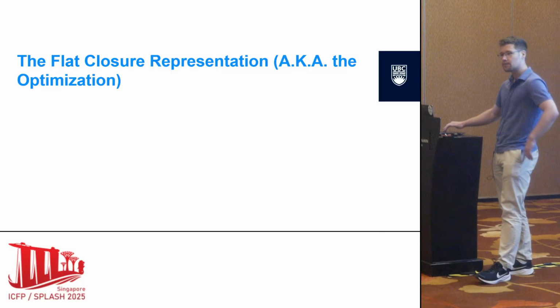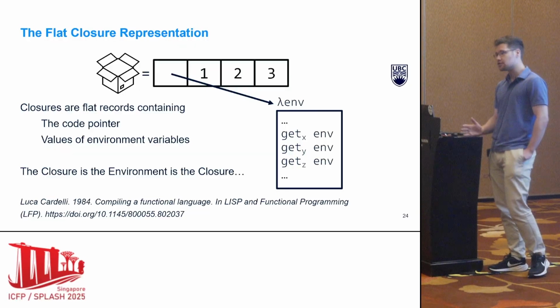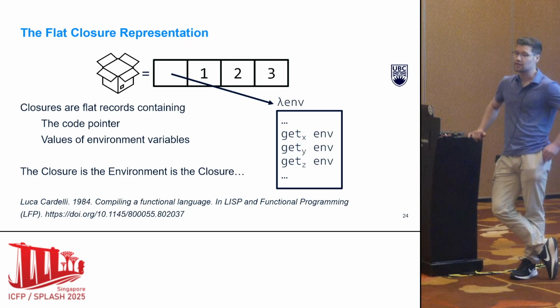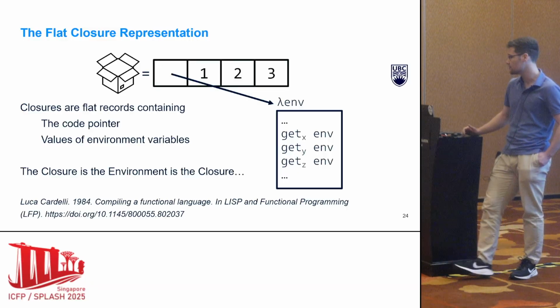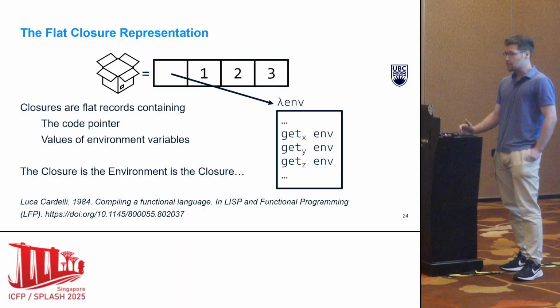Now let's talk about the optimization. The flat closure representation was first introduced about 40 years ago by Cardelli. And the idea is that the closure is represented as this flat structure containing the code pointer and the values of the free variables. And one of the nice things is that the environment is the closure. So why is that nice?